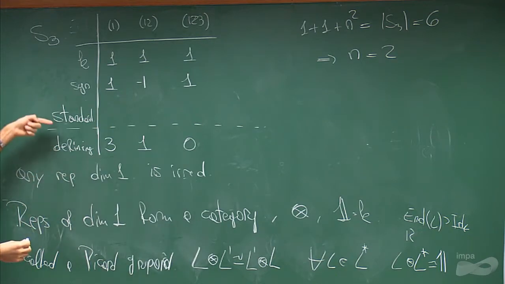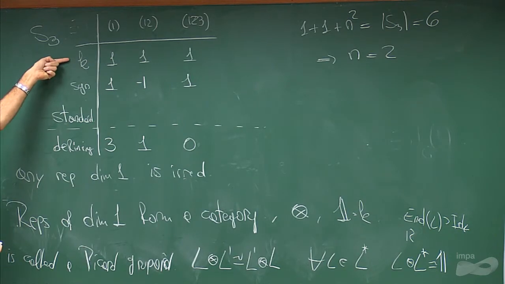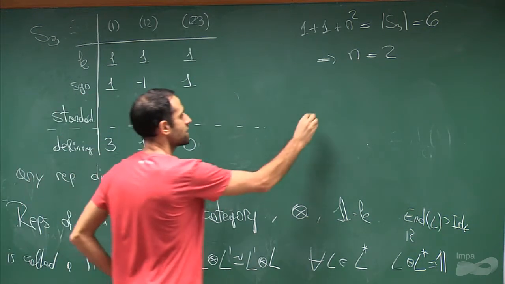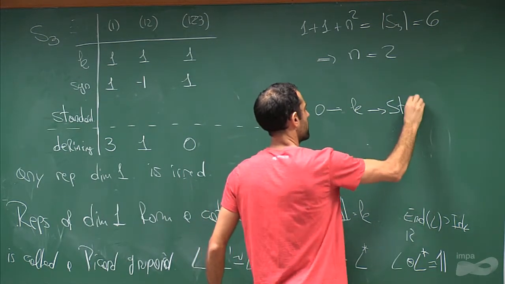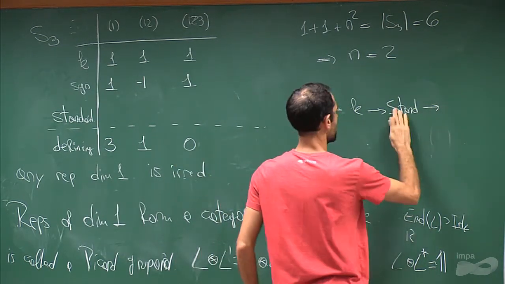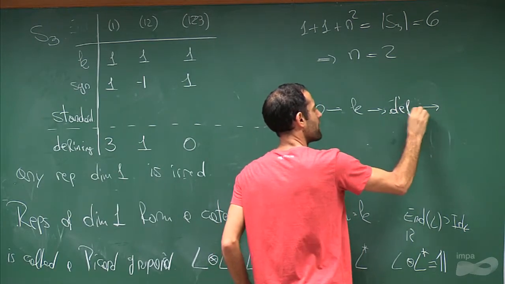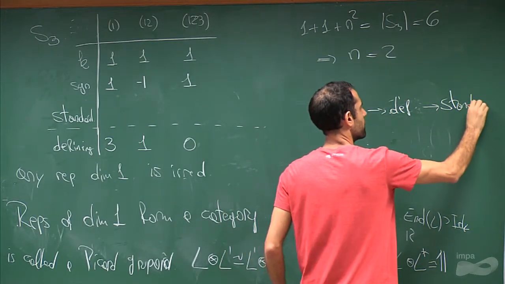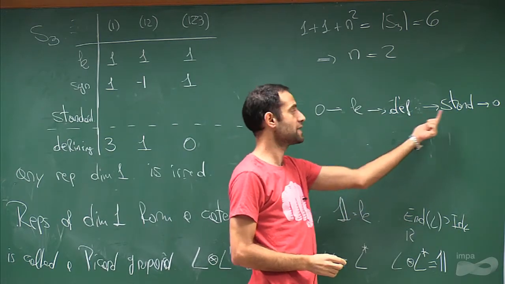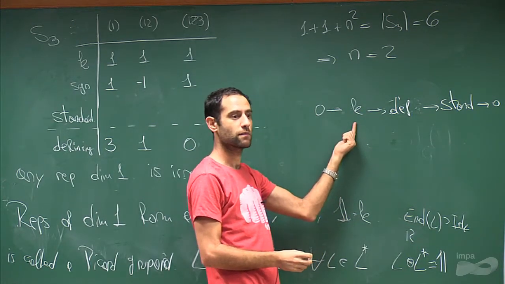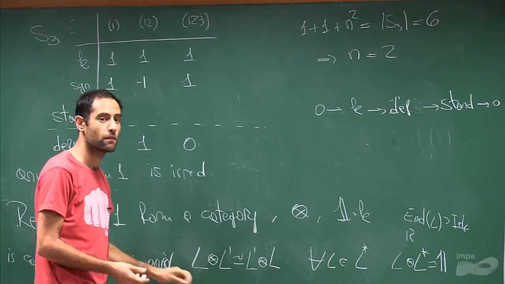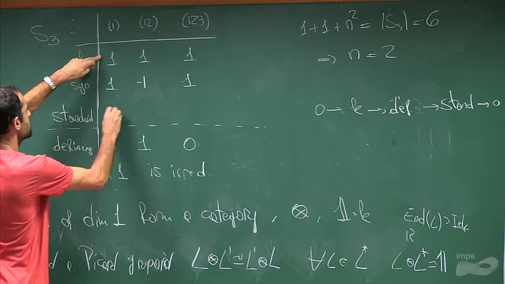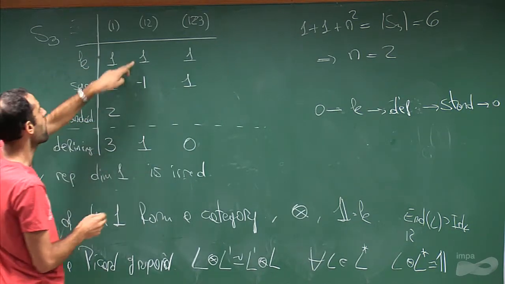Now, this standard representation by definition is the quotient of this by the trivial representation. Remember, if you have a short exact sequence like this, with defining in the middle and the quotient being what I'm calling standard, then the character of the quotient is the character of the defining representation minus the character of the trivial one. So I already know what it is without ever computing it. 3 minus 1 is 2, which is the dimension of this space. 1 minus 1 is 0.